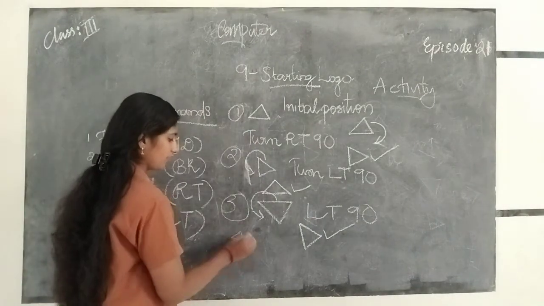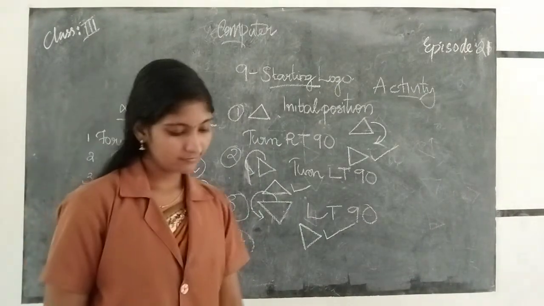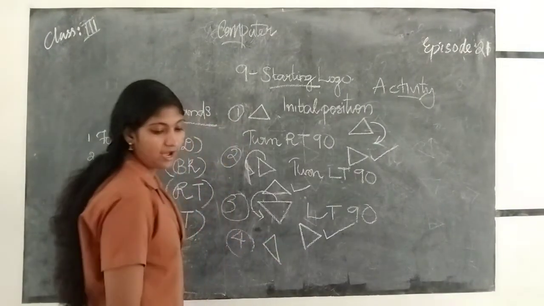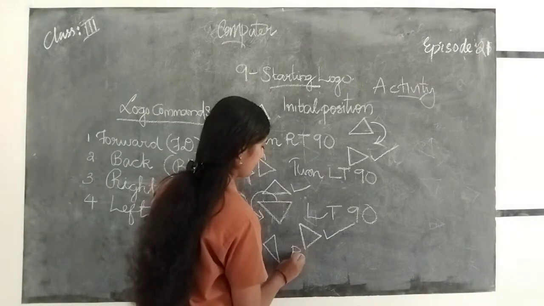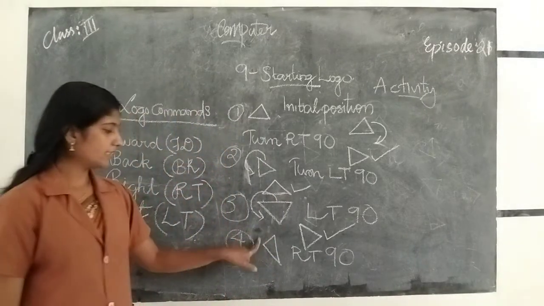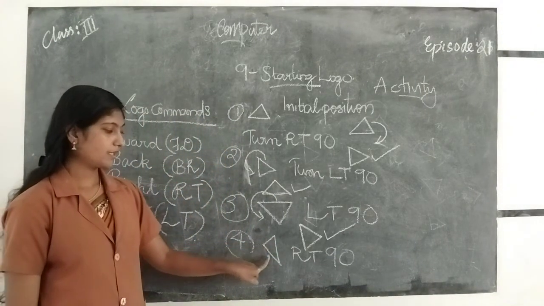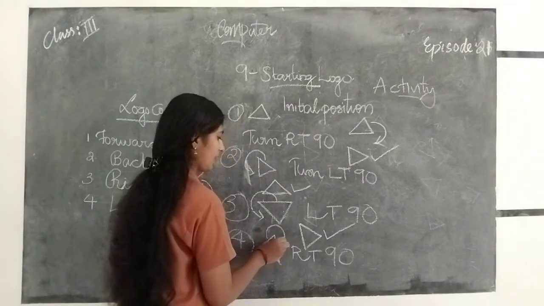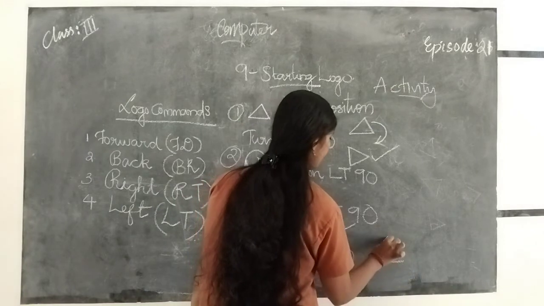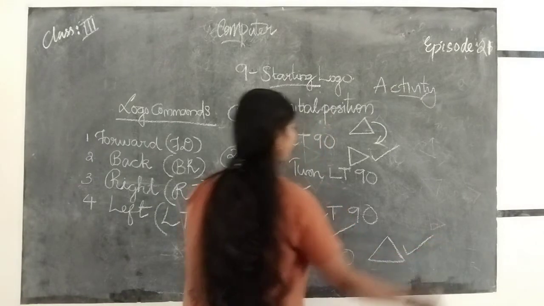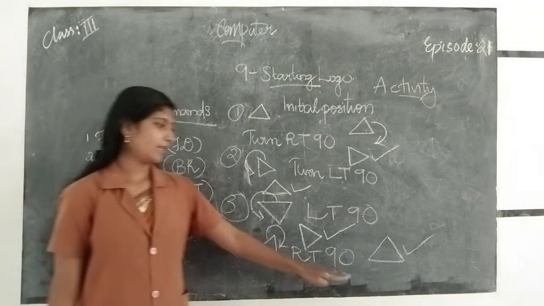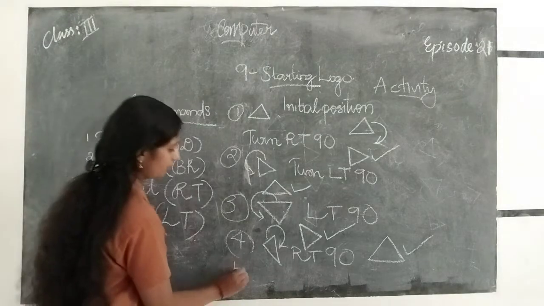Then number 4. The fourth question is, the initial position is like this and the question is RT90. So move or turn the turtle to the right direction with an angle of 90 degrees. So what will be the result? Yes, here it is. This is the final result. Then fifth question.